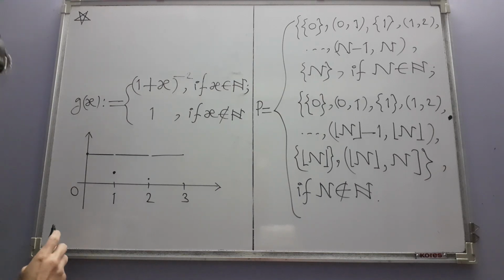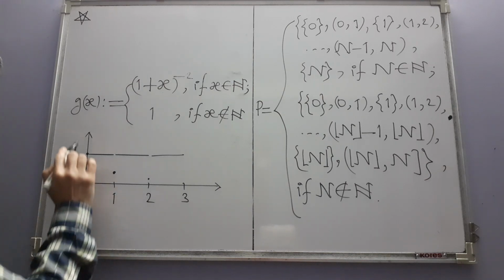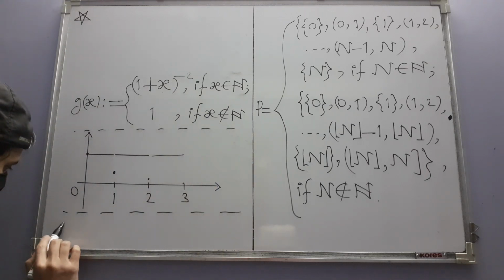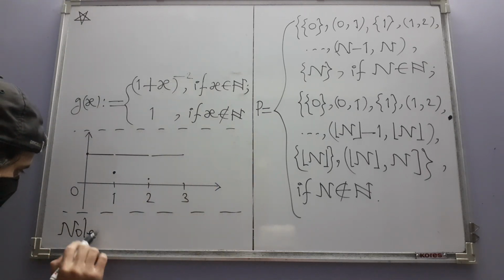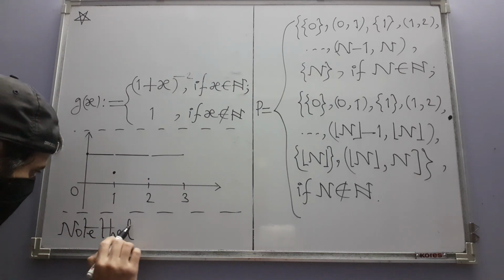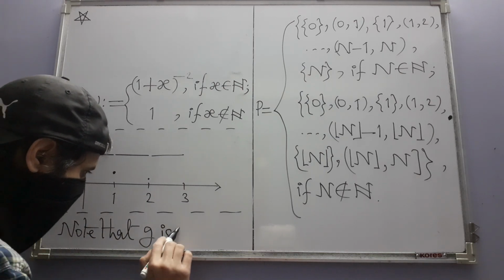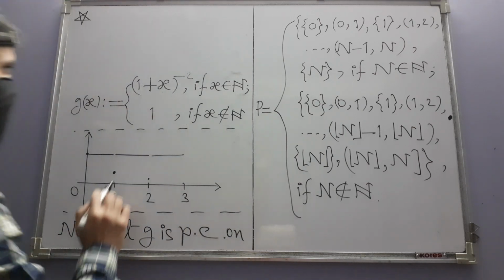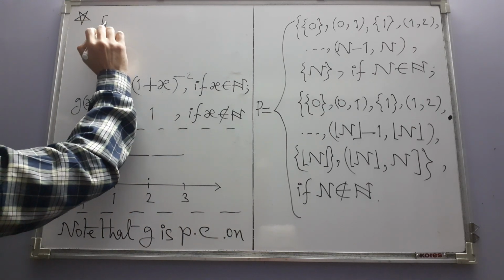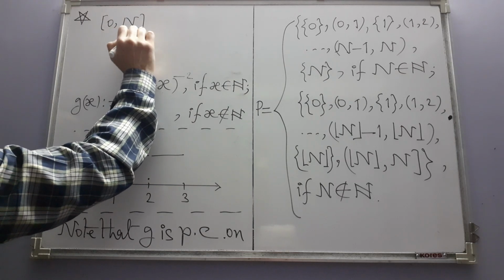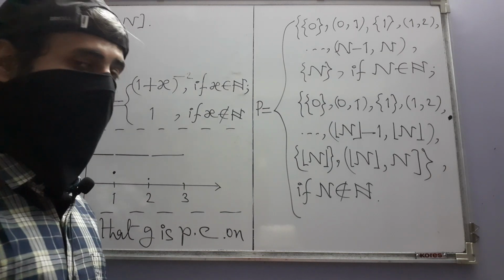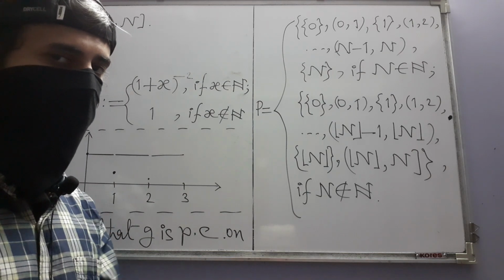Note that, I can write it here itself. Note that g is piecewise constant on [0, n]. So we can calculate its integral easily, but we have to be more careful than the previous case.